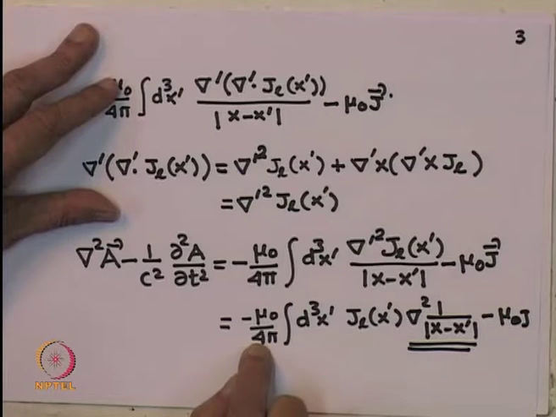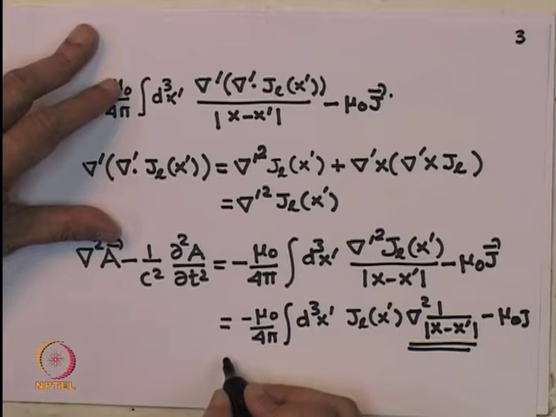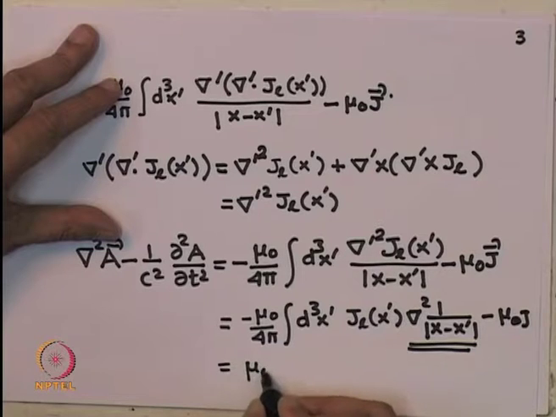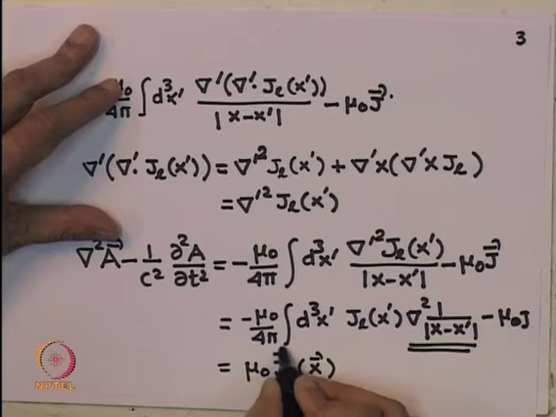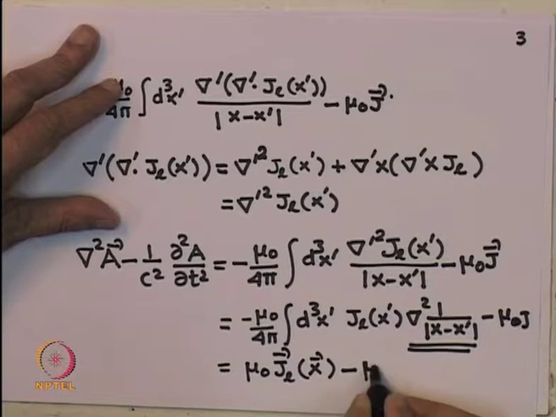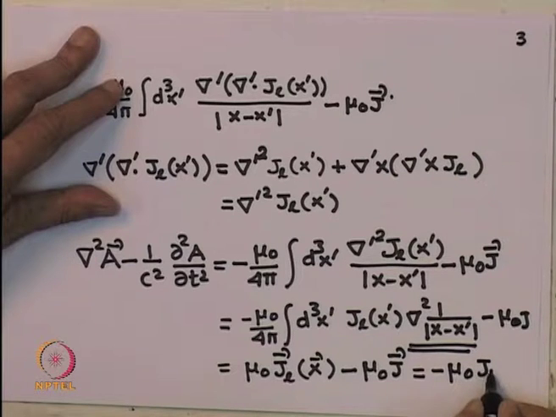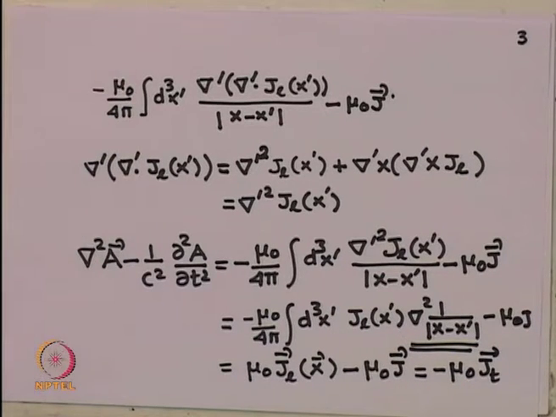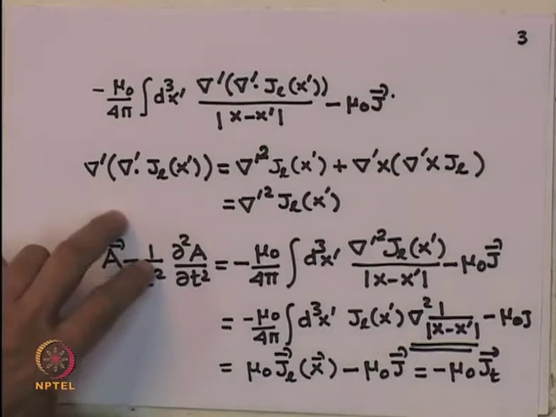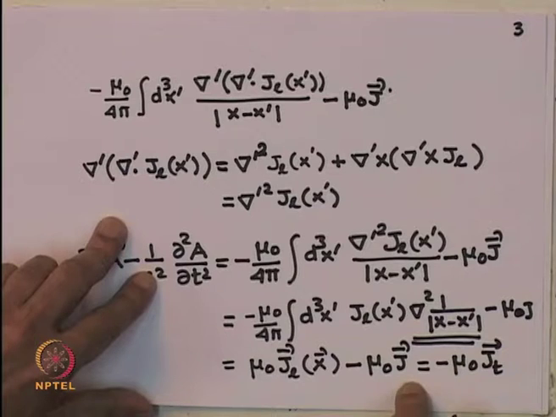So, therefore, minus 4 pi cancels here, and I will be left with simply mu 0 times j longitudinal at the point x. And I had to subtract from it minus mu 0 full j, which is nothing but minus mu 0 times j transverse, because I had written the vector j as the sum of a transverse part and a longitudinal part.